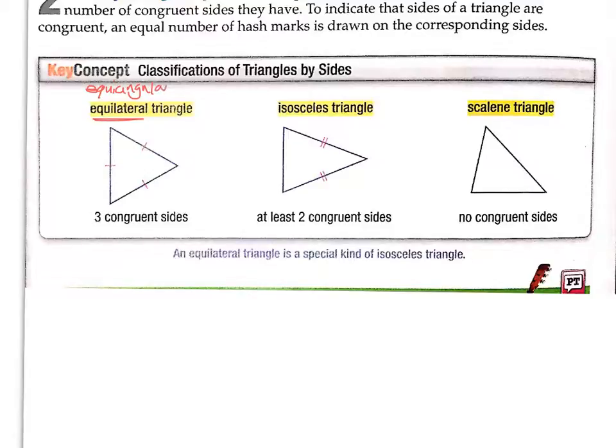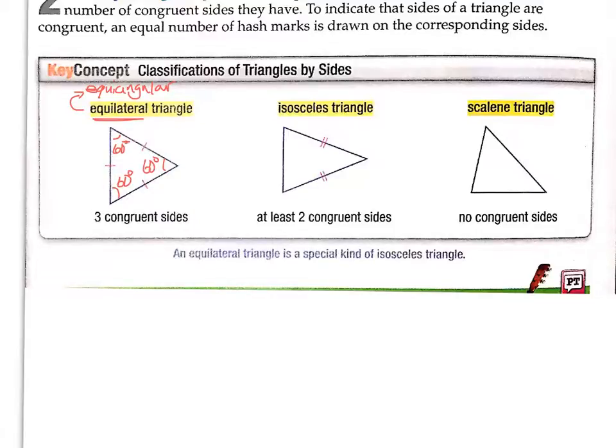We just call them different names based on how we're trying to classify it. Equiangular means the angles, equilateral means the sides. So if it is equilateral, it is also equiangular, which means all these angles are equal, and each one would be 60 degrees.